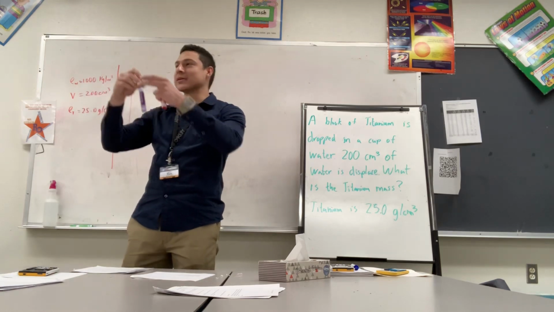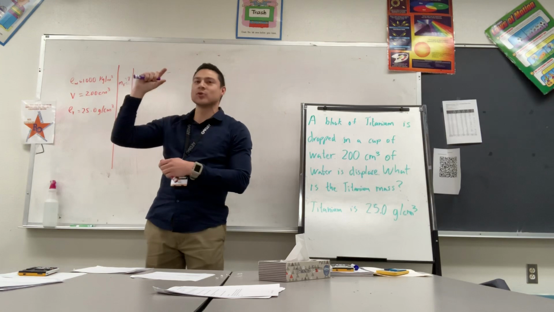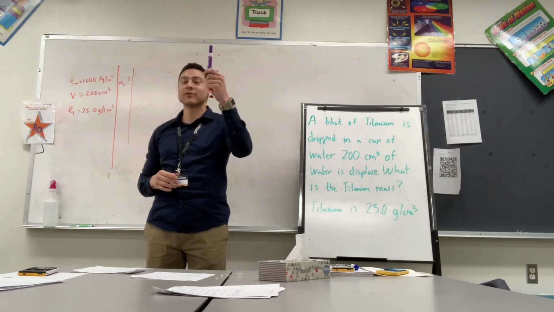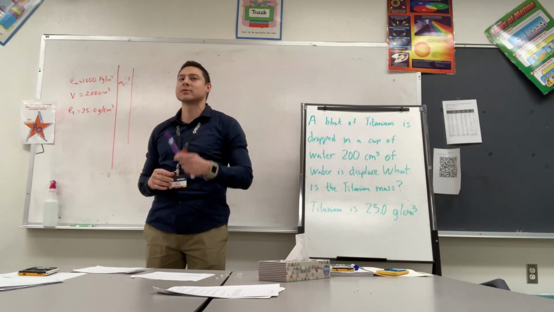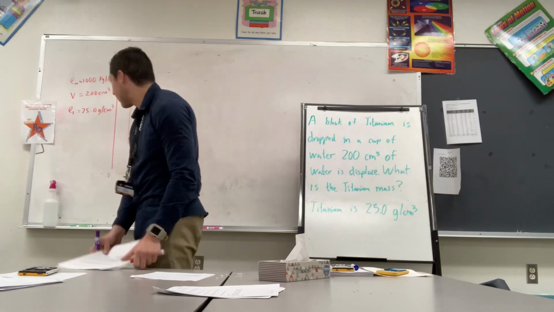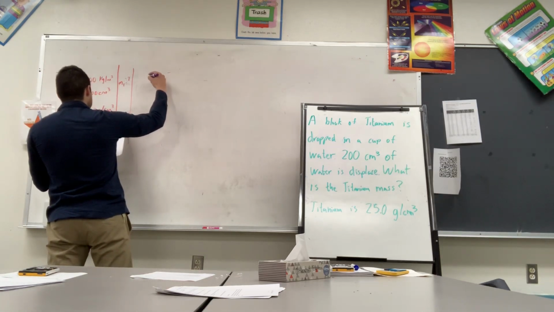So if I put this in a cup of water in a graduated cylinder and I drop it and we displace 3 milliliters, then it's telling me that the volume of this marker is equal to 3 milliliters. I'll write that down if you want to write it down.